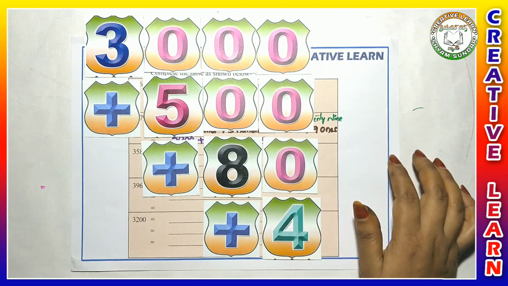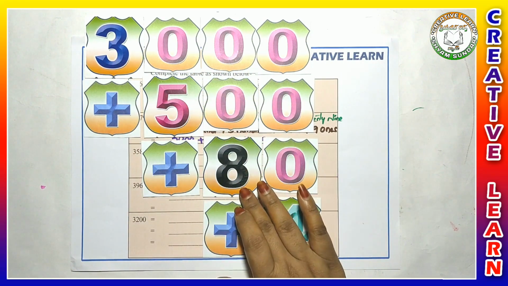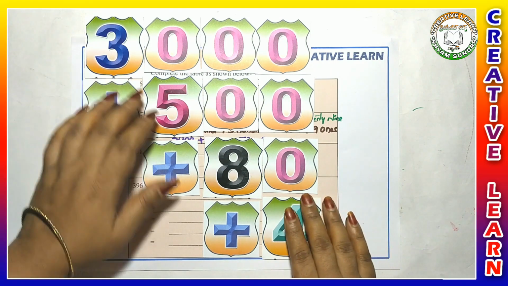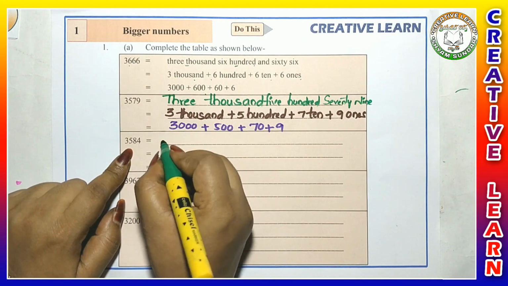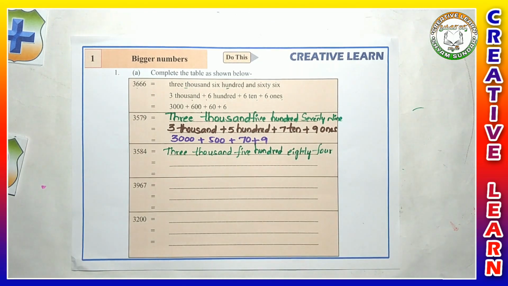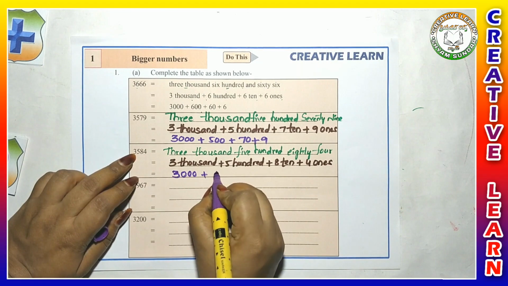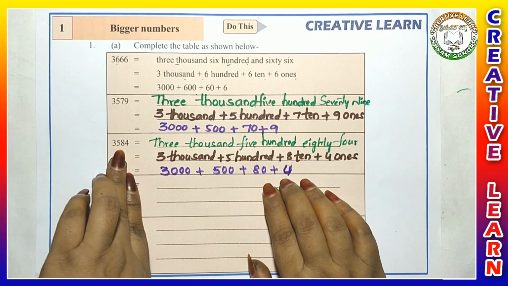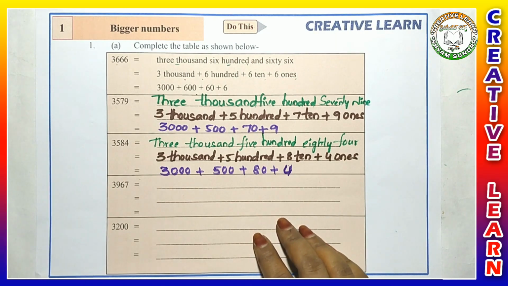This is called the expanded form of 3584. Let's write here. First write the number name. Expanded form of 3584.